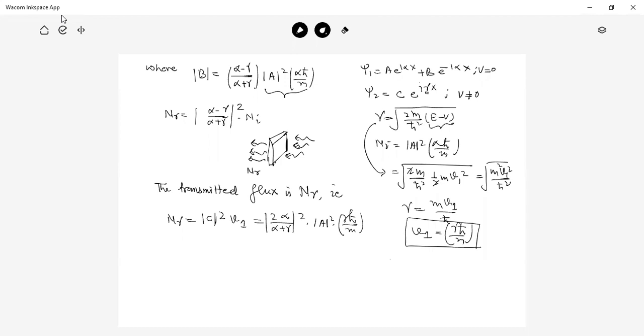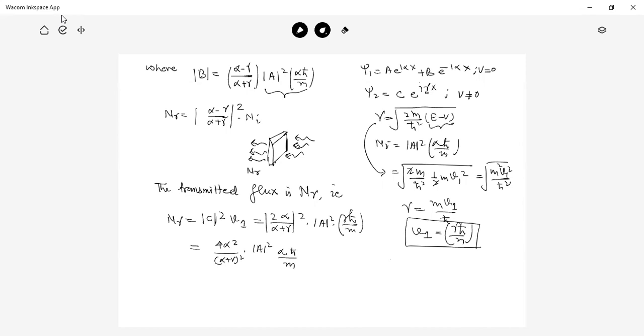Regarding alpha, we can write this as 4 alpha square, alpha plus gamma whole square, into A square, into alpha h cross by m.